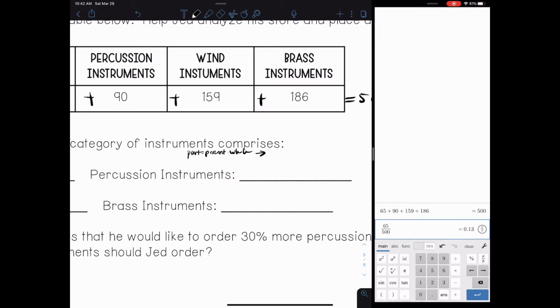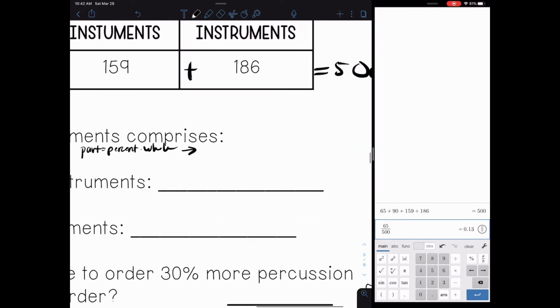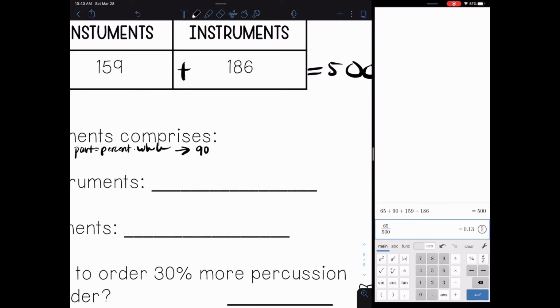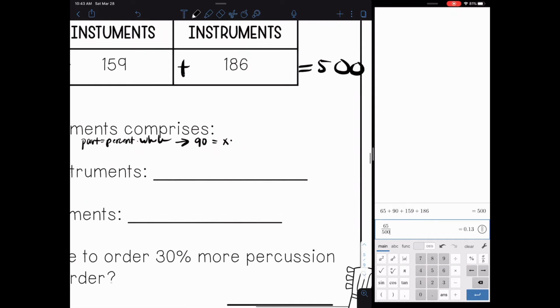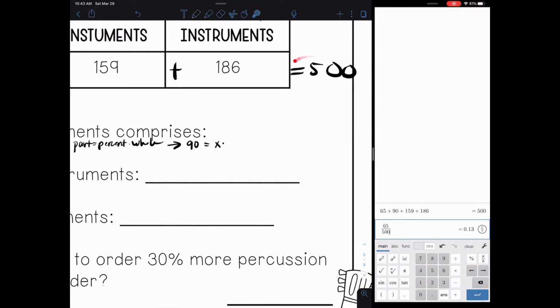Part is 90 because it's 90 percussion. I know I'm looking for the percentage, so that's an unknown variable, and then times the whole. How much is this out of? Well, it's out of 500. So times 500.